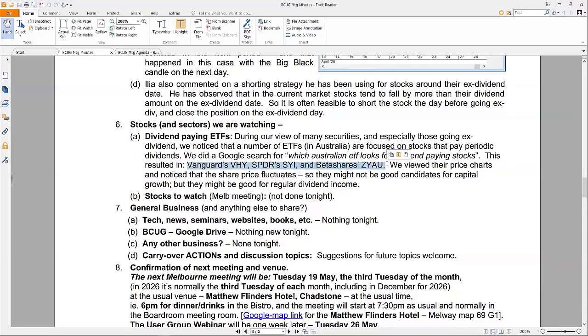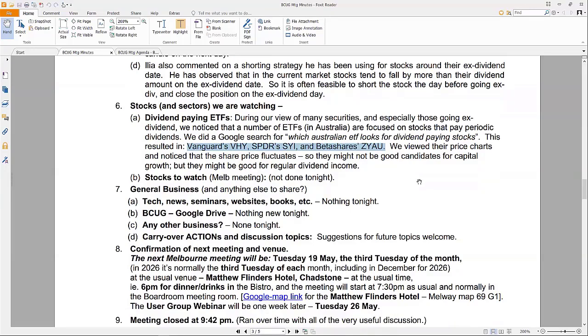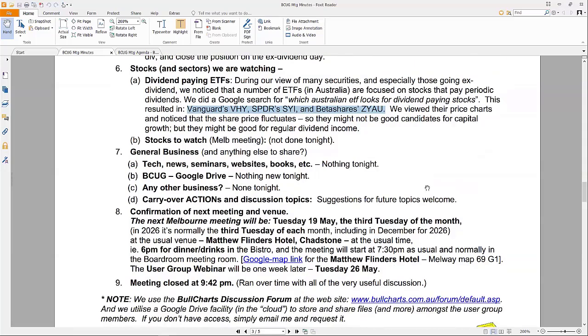Based on the descriptions that the Google Gemini AI response produced, these three ETFs invest in supposedly quality companies with high dividend yields. And that's something that you might want to have a look at, if you're interested in trading ETFs and looking for income, especially monthly or maybe quarterly income.